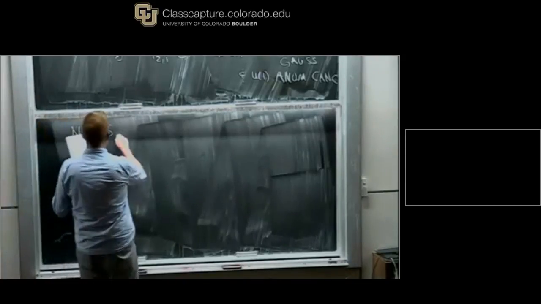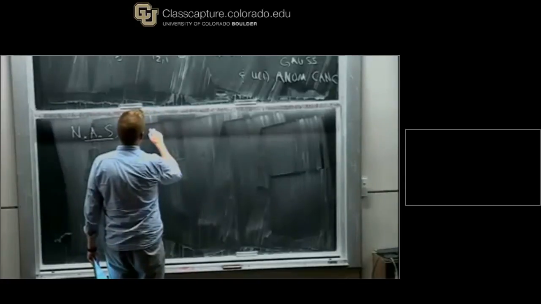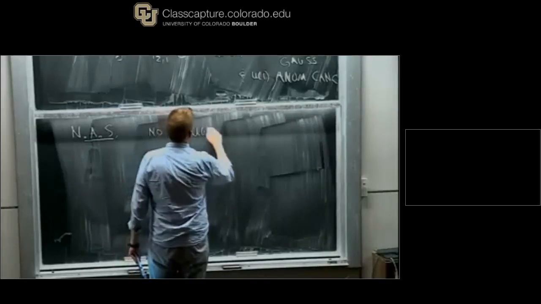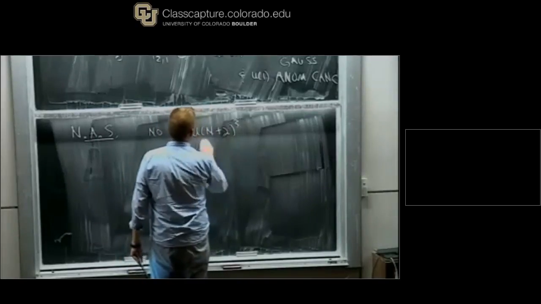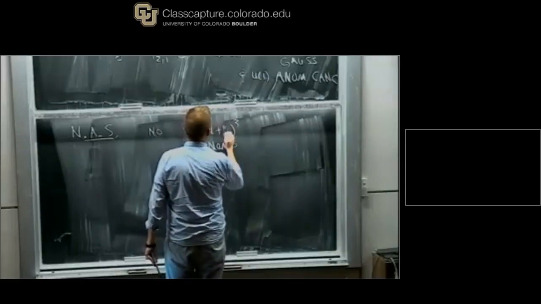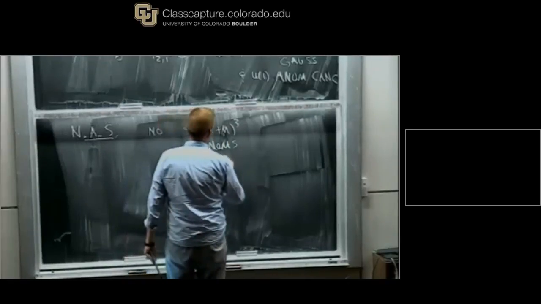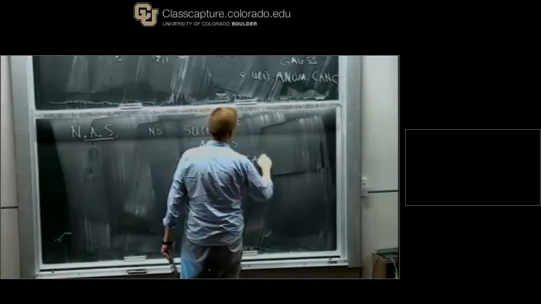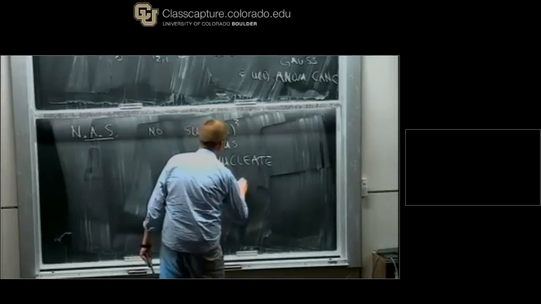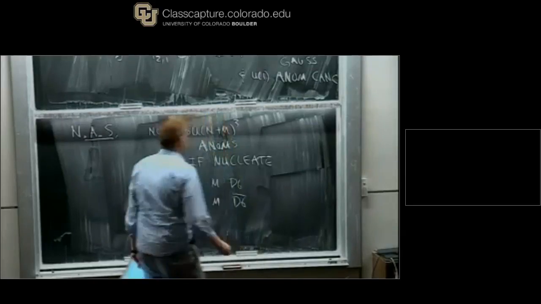And it's also necessary and sufficient for no SU(n+2) cubed anomalies. Maybe I should say n plus m. If you nucleate a brane-anti-brane pair, in particular m D6 and m anti-D6, on homologous cycles.